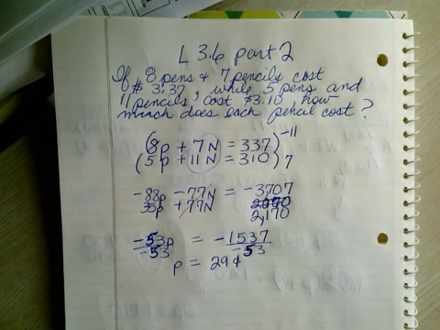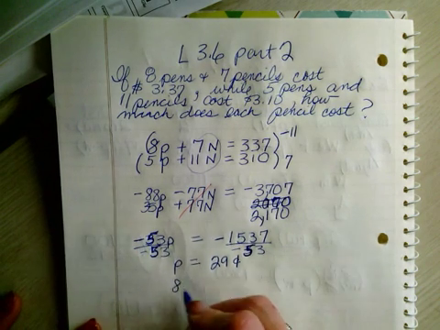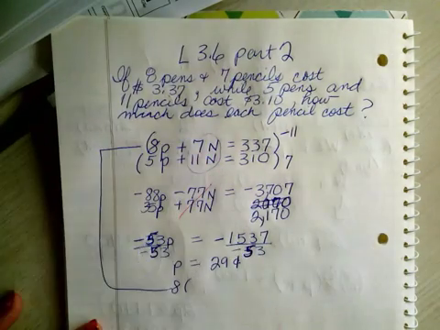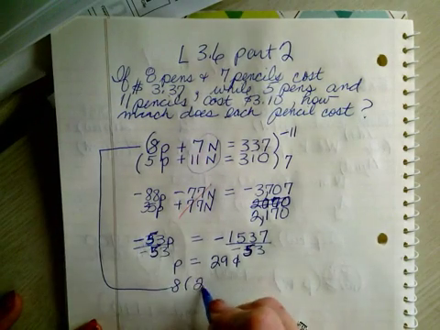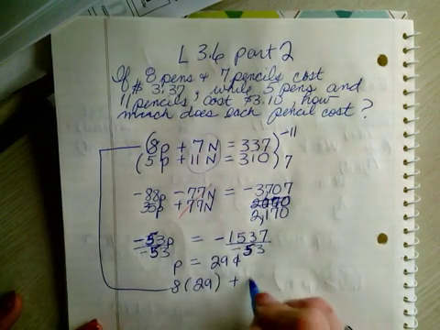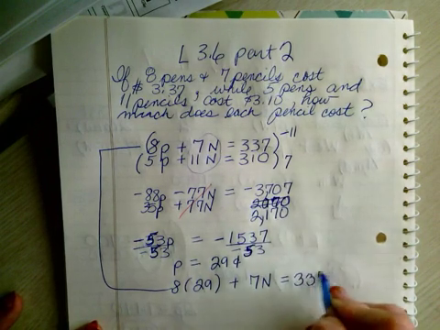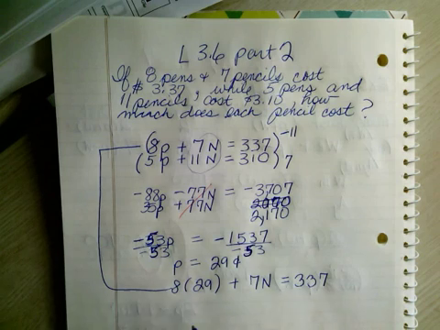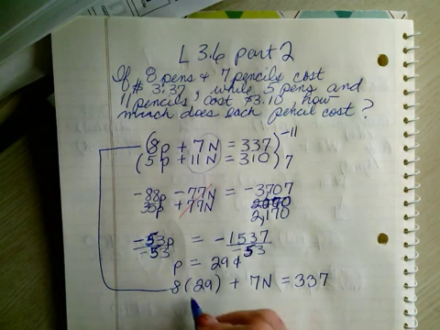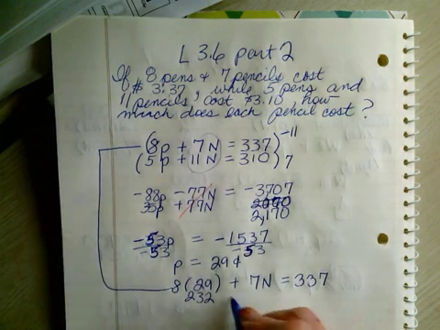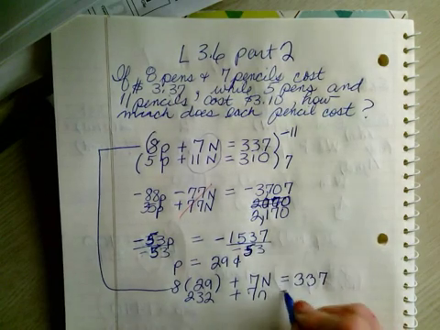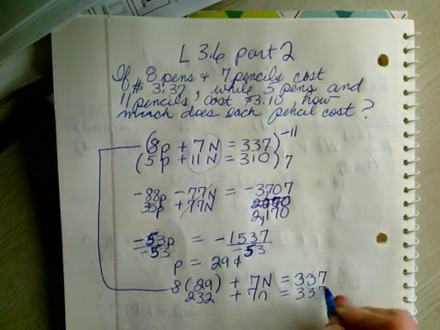Can we solve for a pencil? Yes, we can. We can plug in 8 times, and I'm just plugging it in up at the top. 8 times 29 plus 7n equals 337. Solve that. 232 plus 7n. Come on, guys, you have a calculator. Don't just sit there.